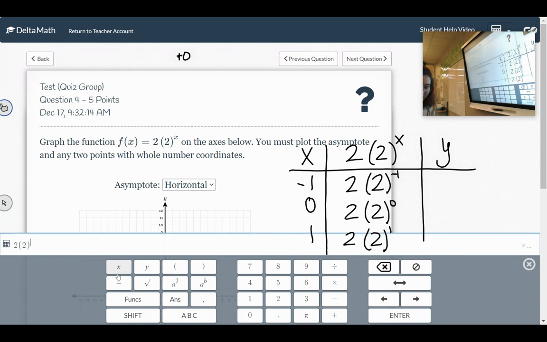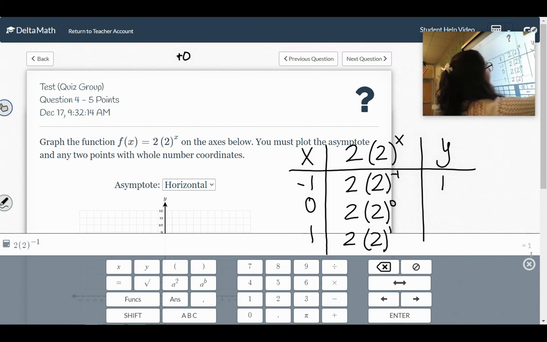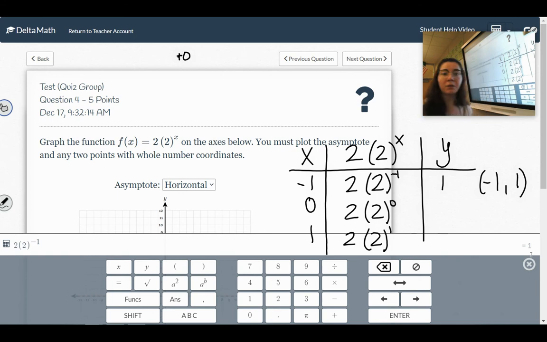It's not x, it's -1. What happens when I plug in -1? You see that I get 1 for an answer for y. Now the trick here is that 1 tells me that my equation has the point -1, 1. If it helps you to write out that coordinate point after we've solved it, then you can do that.